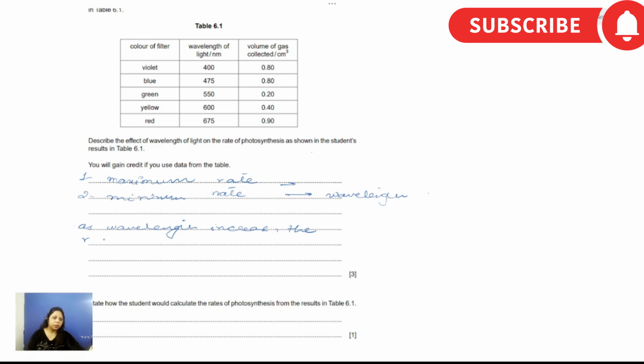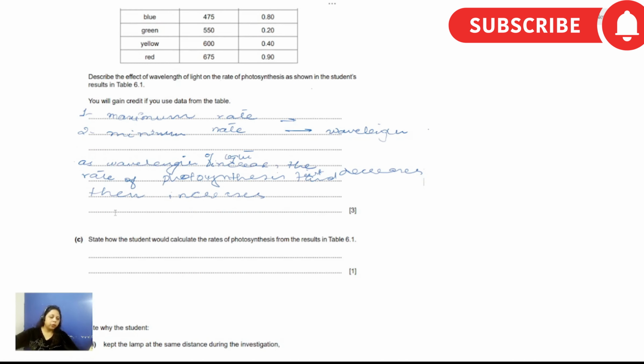So we have to use the same word as the wavelength of light. I have to mention this as well. As wavelength increases, the rate of photosynthesis first decreases and then increases. So first of all, you need to give the general overview, and then you need to tell the values. First of all, give the general view of the graph or any table that is given. Clear? So this is how your 3 marks are justified.